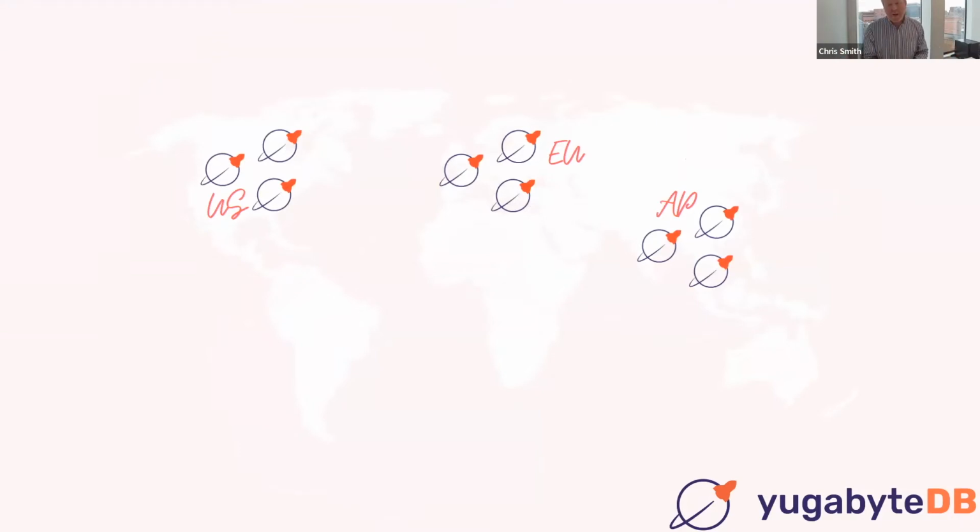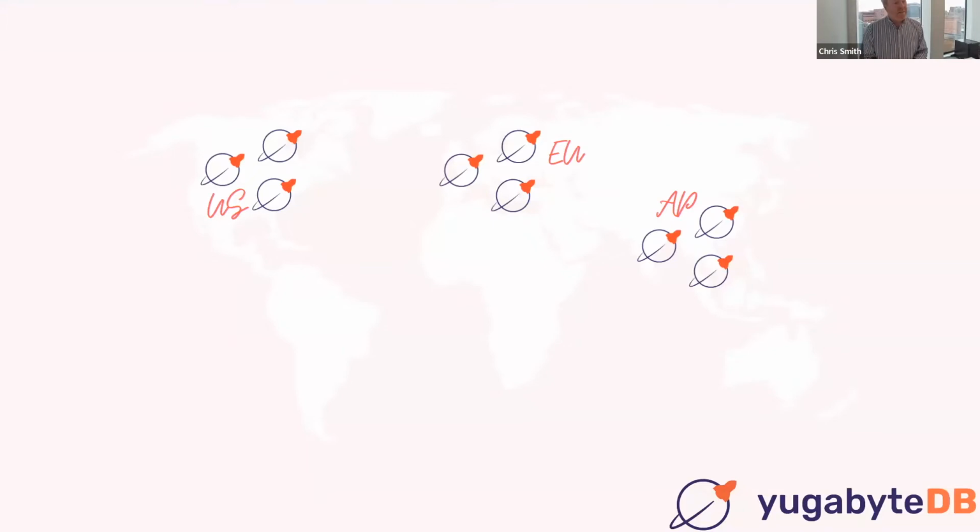So I'm showing my 9-node cluster here, running across a combination of the US, Europe, and Asia Pac. This can be for many reasons. People may want just a globally distributed database because they're serving traffic across the entire world, and they want to make sure they've got low latency access to the database from any of these different diverse regions.